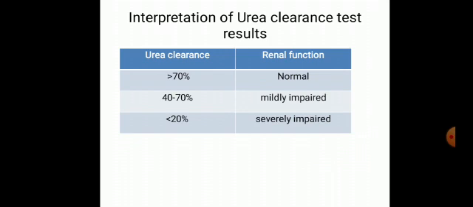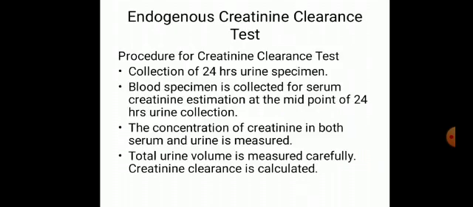Interpretation of urea clearance test results: if urea clearance is more than 70%, the renal function is assumed to be normal. Whenever the urea clearance is 40 to 70%, the renal function is mildly impaired, and in case of severely impaired renal function, the urea clearance will be less than 20%.